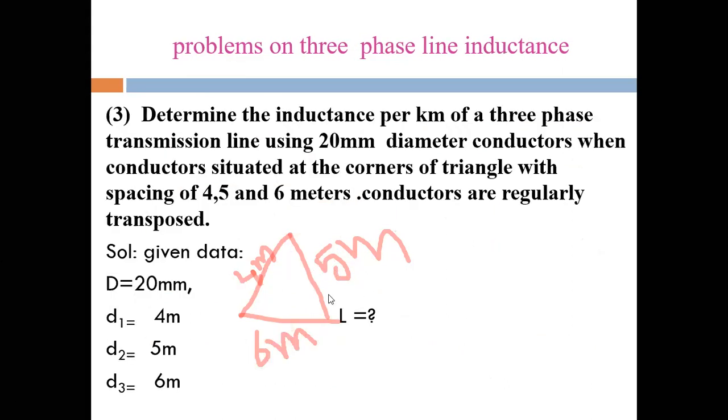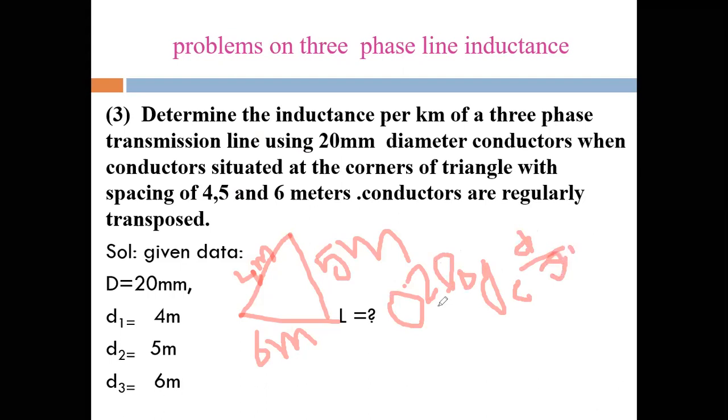The formula for the inductance L is equal to 0.2 log e d by r dash. This is the formula for the equispaced distances of the triangular shaped conductors.